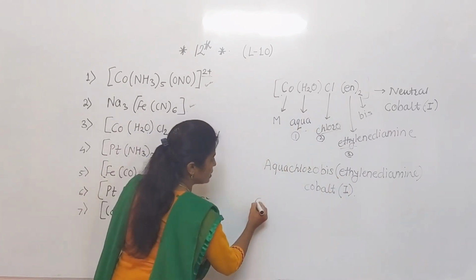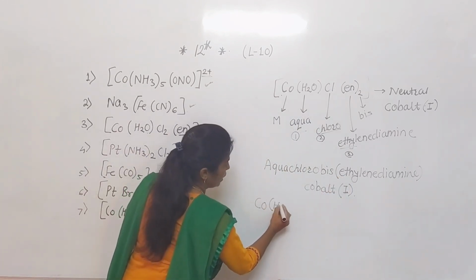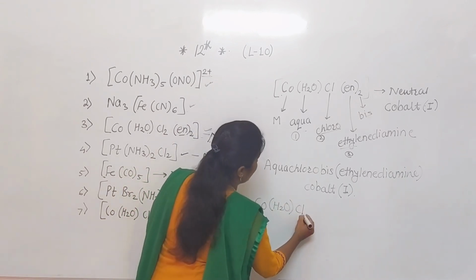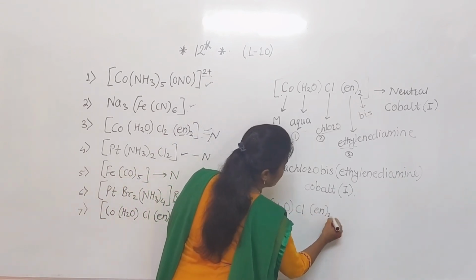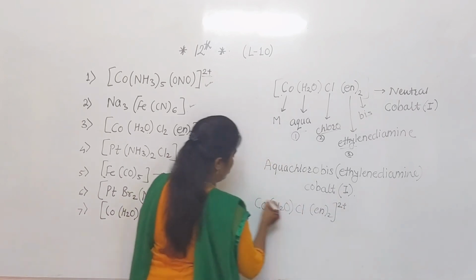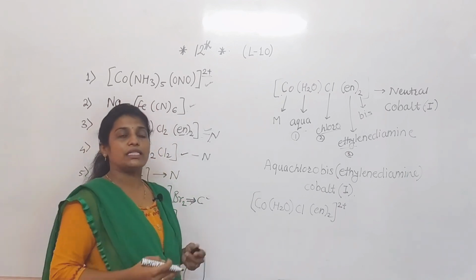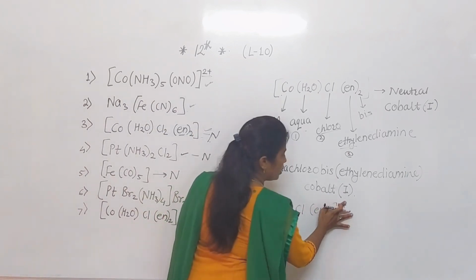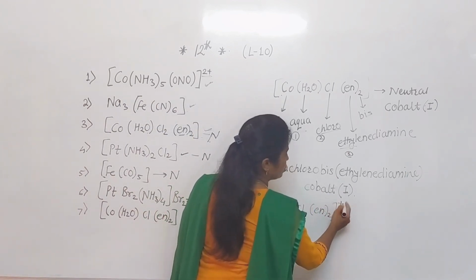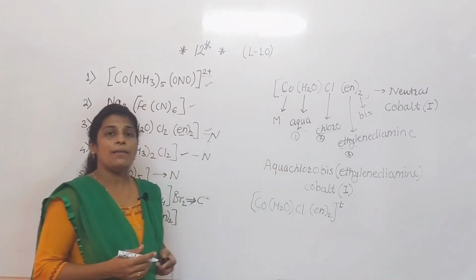If that complex is like that, CO, H2O, Cl, En twice, and here plus 2, then only its oxidation number will change to plus 2, because if a plus charge is there, the oxidation number will change.